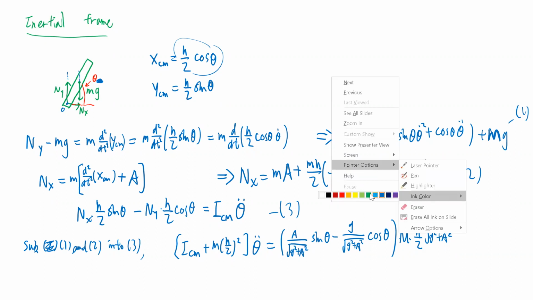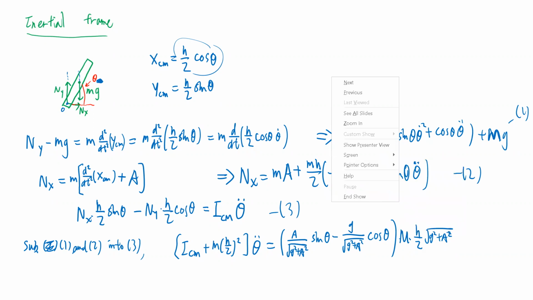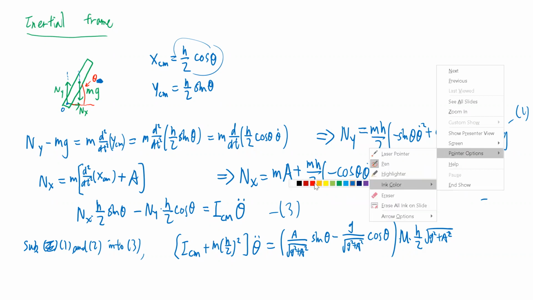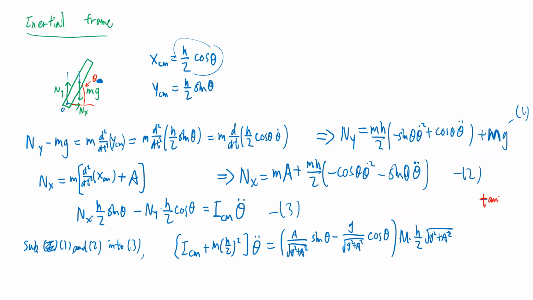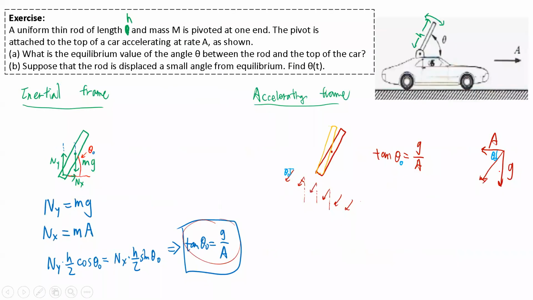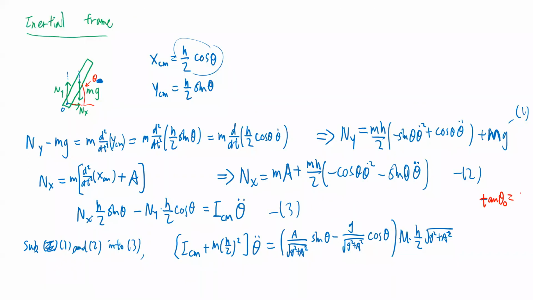Remember what I said in the last slide: tangent theta naught is G divided by A. Therefore, let me draw a triangle like this.